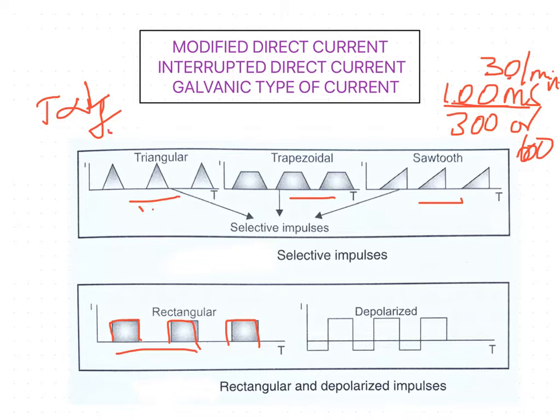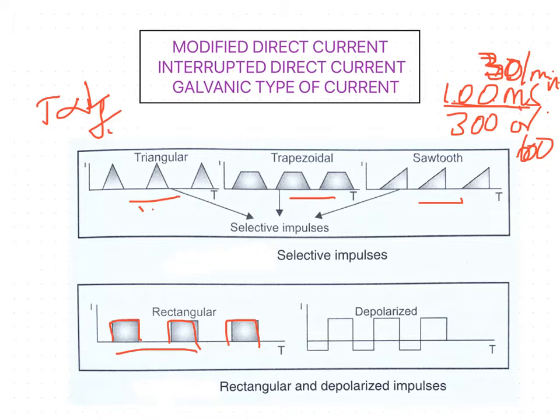So normally for galvanic type, we require 100 milliseconds of duration, with 30 pulses per minute. The interval between the impulses should never be of shorter duration than the impulses themselves, and usually appreciably longer.